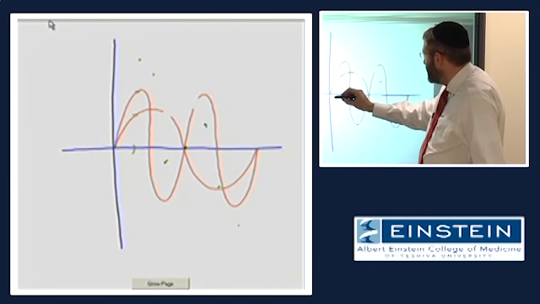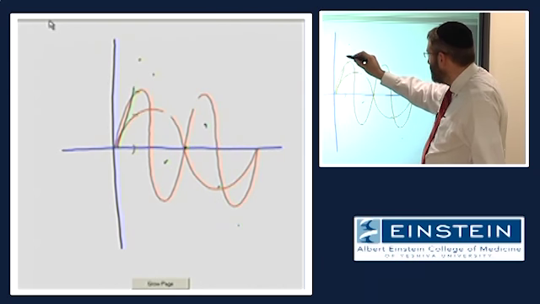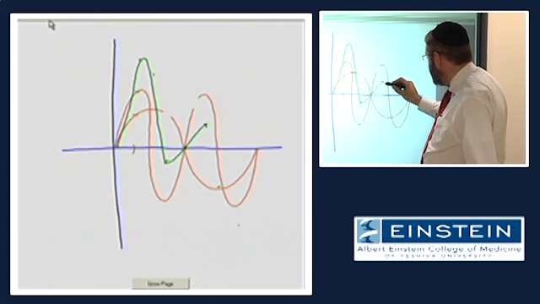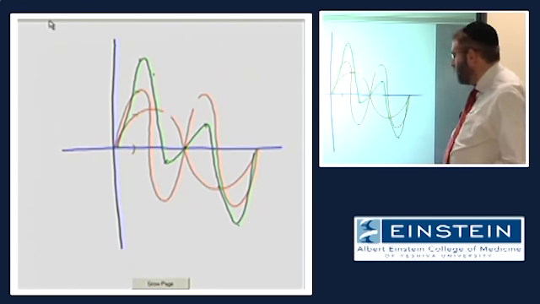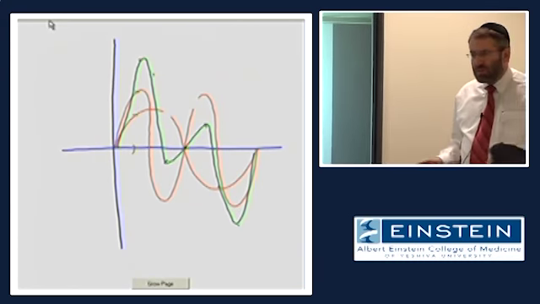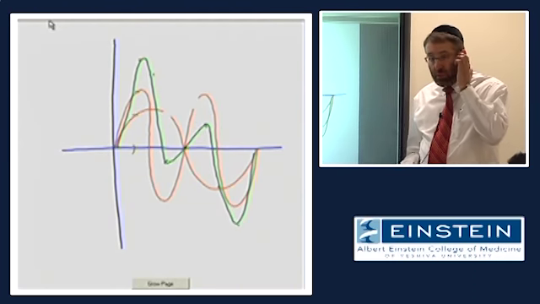And then if we connect the dots here, we end up with some complex function which is a sum of those two sine waves.